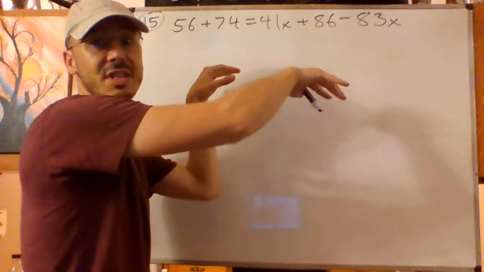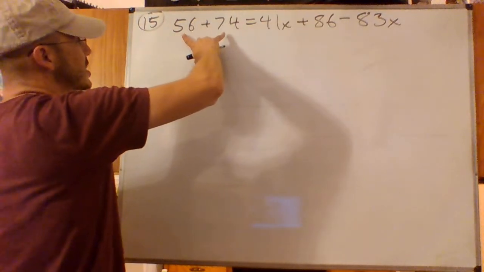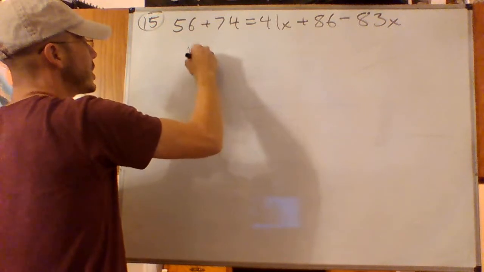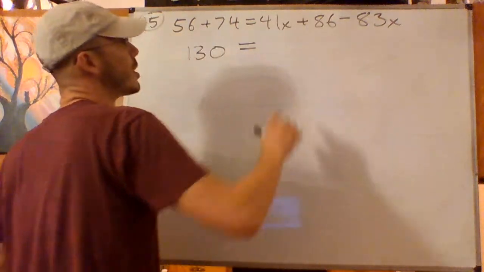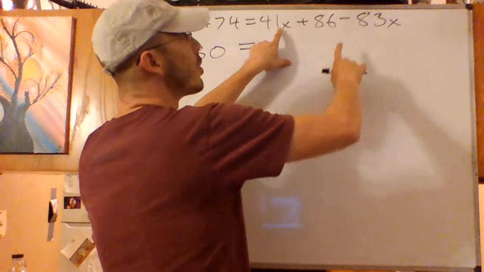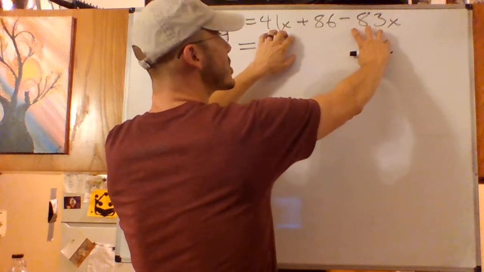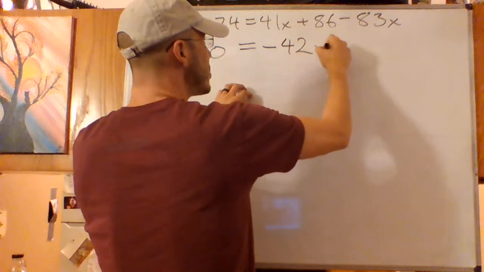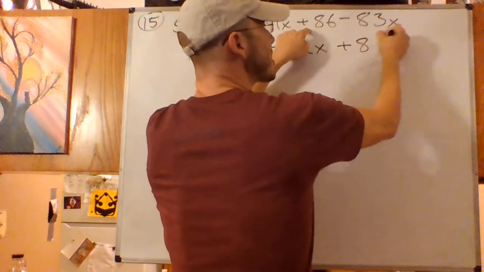I'm going to do both in the same step to save some writing. 56 plus 74 is 130, and that's equal to 41x minus 83x. I'm going to combine these like terms. That's negative 42x.